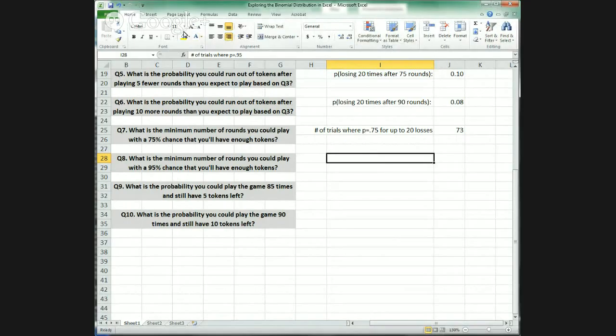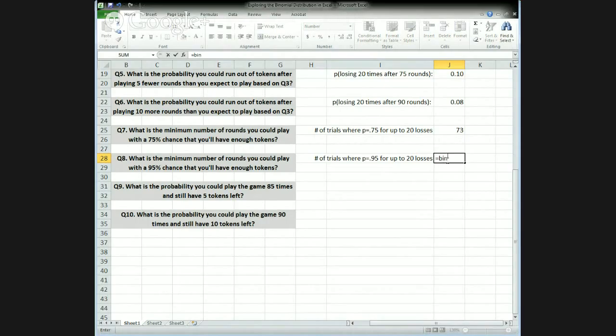It's going to be the number of trials where p equals 0.95 for up to 20 losses. And that "up to" keys you in that what you're looking for is a cumulative proportion, so you want to say true at the end. We're just going to do equals binom.dist and try a few numbers.